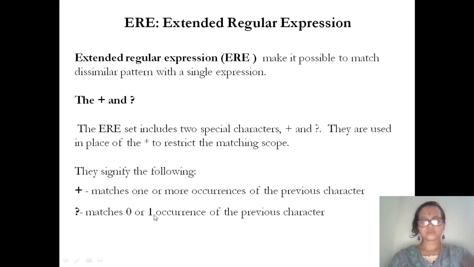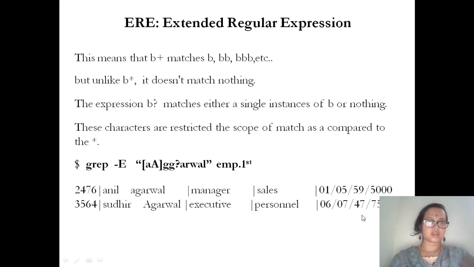Here plus matches one or more of the previous, and here question mark matches 0 or 1 occurrence of the previous. One thing is sure: in both cases, it emphasizes the previous character. One way or the other, it is working on your previous character.